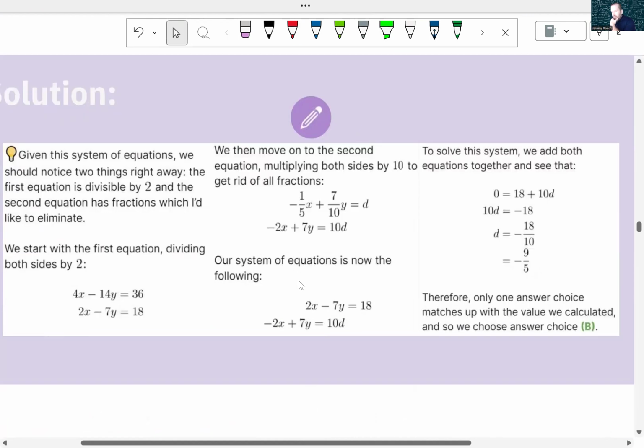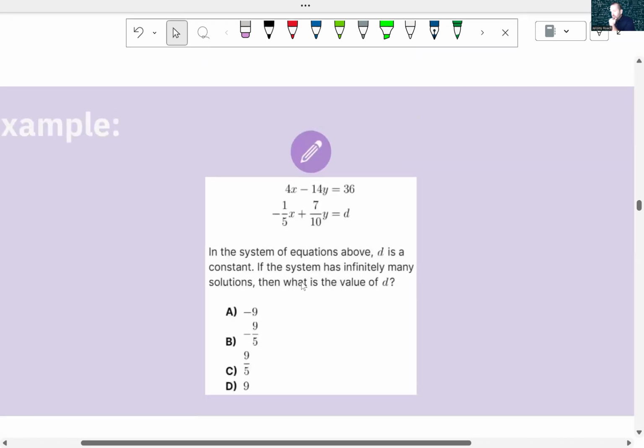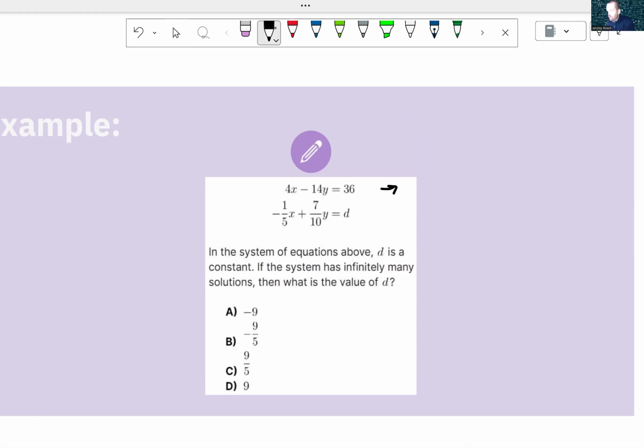Then we can go to the second equation and multiply both sides by 10. The reason we'd want to multiply by 10 is that it gets rid of these fractions, which can be really helpful. So let me write this here. If we divide this by 2 on both sides, we get 2x minus 7y equals 18.